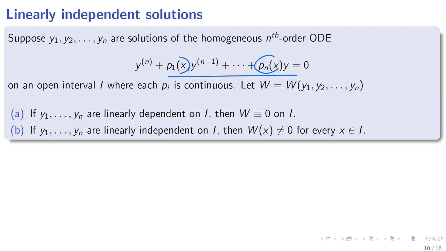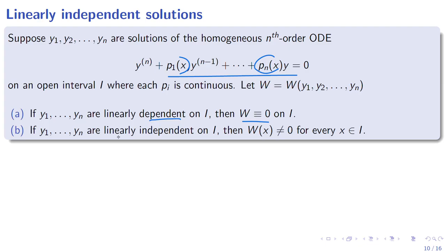Then we calculate the Wronskian, which is W of y1, y2, yn, as we discussed in the previous slide. If these y1, y2, yn are linearly dependent on this interval I, our Wronskian will be 0.